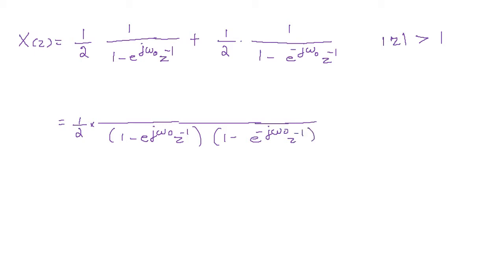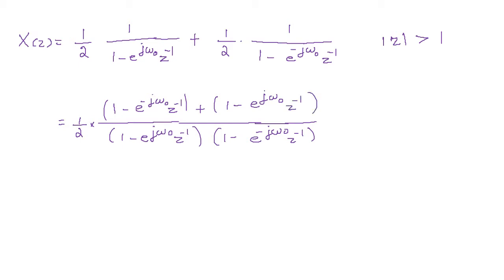Then here you will have 1 minus e raised to minus j omega 0 z inverse plus 1 minus e raised to j omega 0 z inverse.